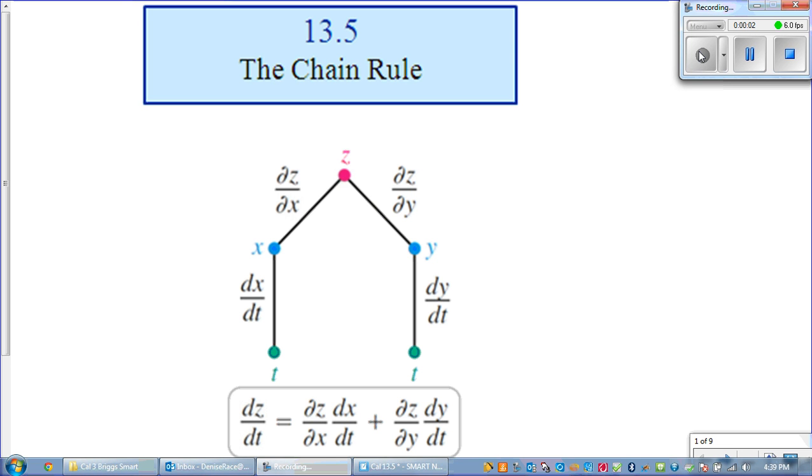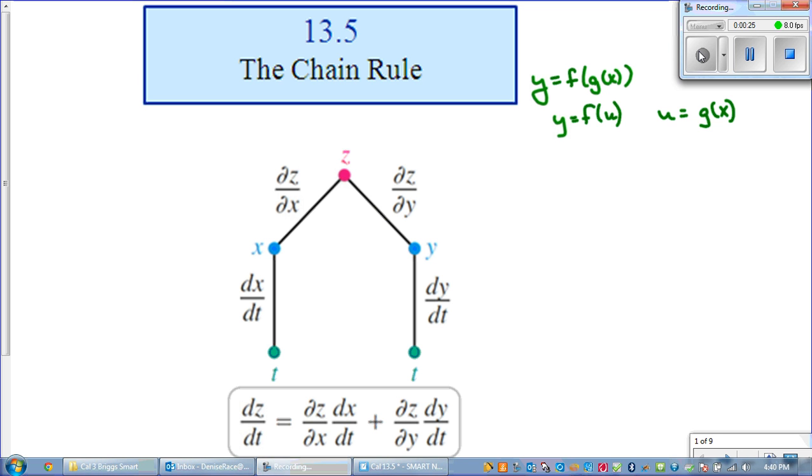Back in Calculus 1, we had functions that were compositions, and we wrote y as a function of u, where u was a function of x. Now, to find the derivative of a composition, we had to use the chain rule.